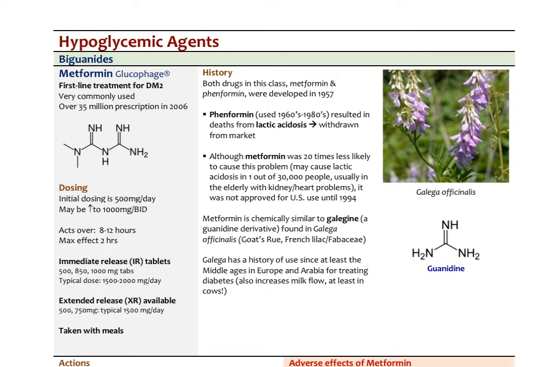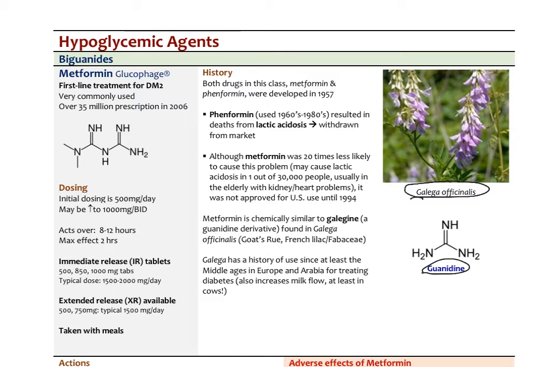Interestingly, this drug metformin is in the class biguanides. There was another drug, phenformin, in the same class. They were both developed in the late 50s. The parent molecule for both of these is guanidine, and guanidine actually comes from an herb, Galega officinalis, which is in the pea family.